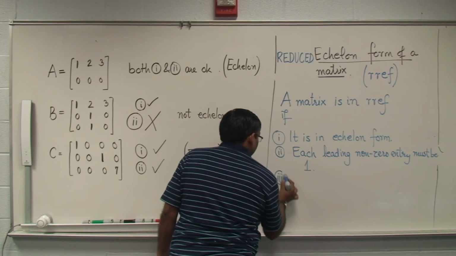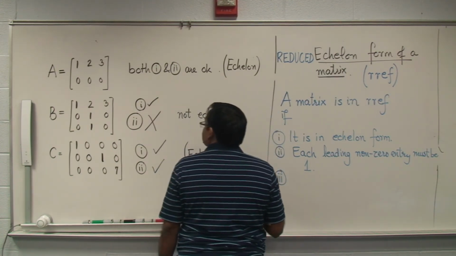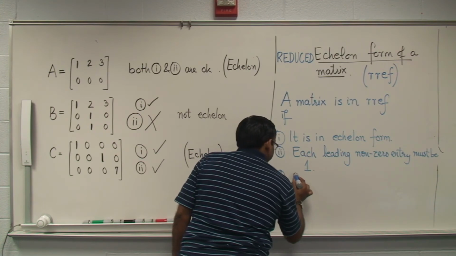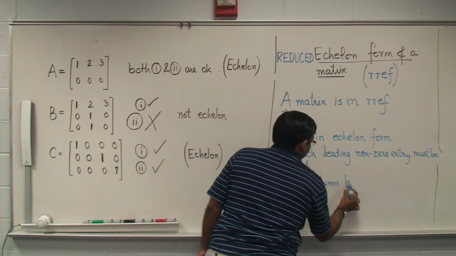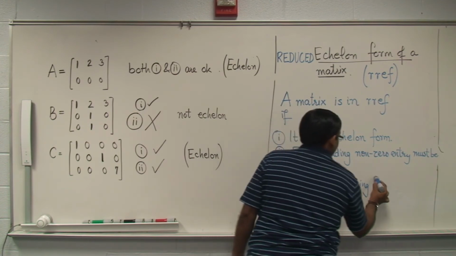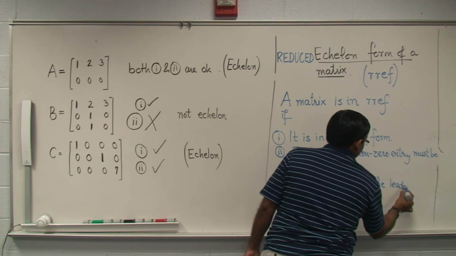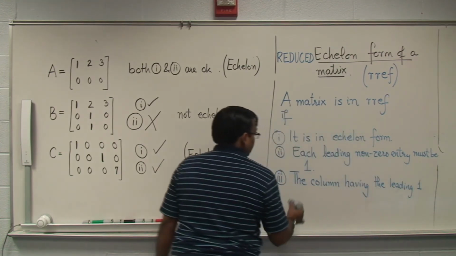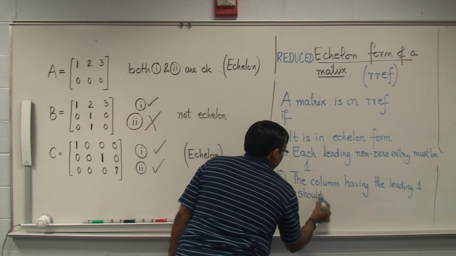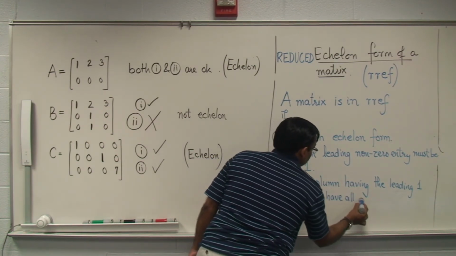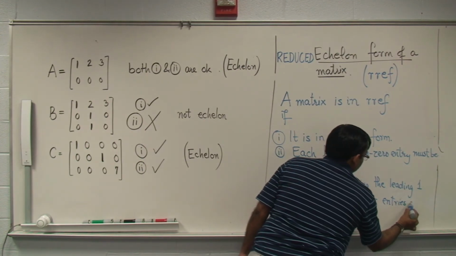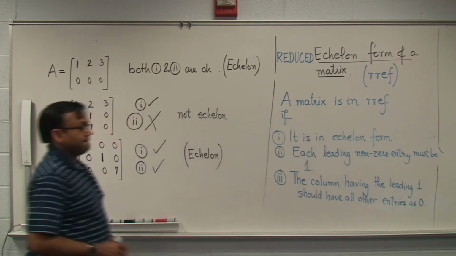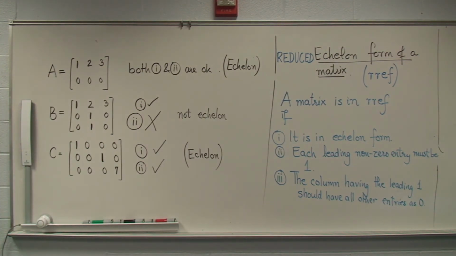And the third thing that we want is the column having the leading one should have all other entries as 0. So these are the three things that will make it a row reduced echelon form.